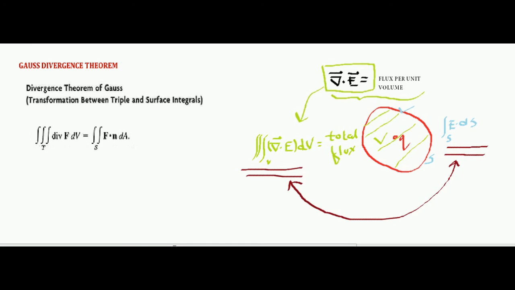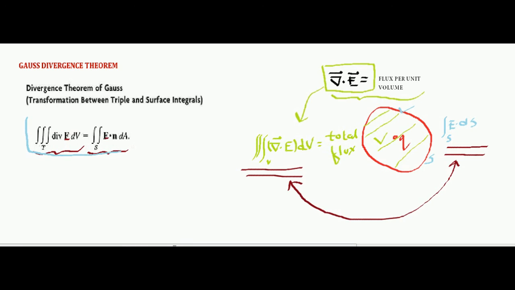Hence I can say that, if instead of F I consider this E, then this part gives me the total flux and this part also gives me the total flux, because divergence of E is the flux per unit volume, and when I take the volume integral, I am calculating the total flux. This is Gauss divergence theorem.